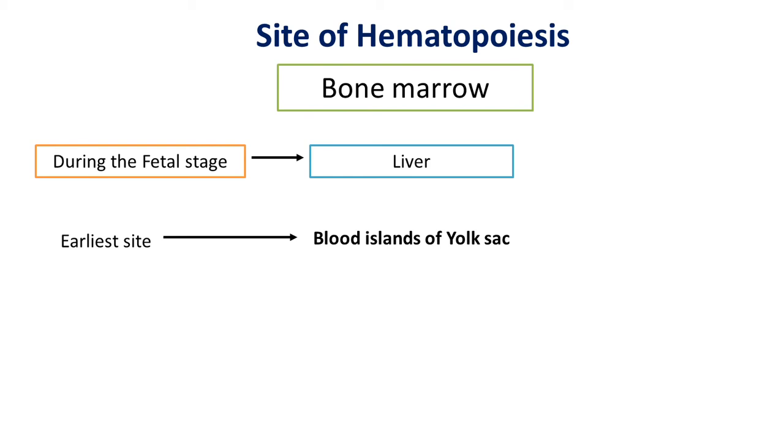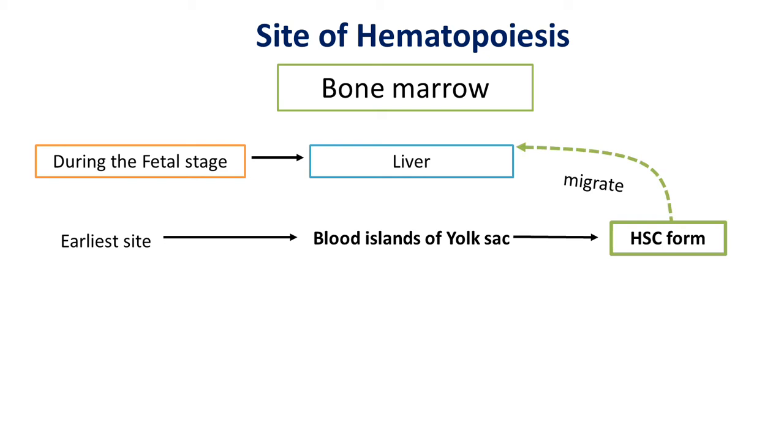It is the site where the first few hematopoietic stem cells form, and these cells migrate to the liver. At the time of birth, when the bone marrow is completely constructed and ready to take over hematopoiesis, the hematopoietic stem cells from the liver migrate to the bone marrow.